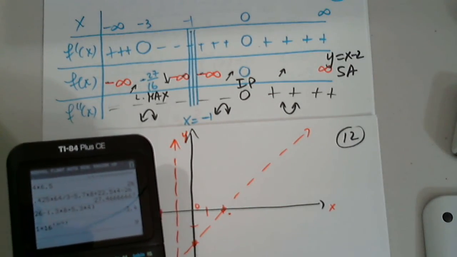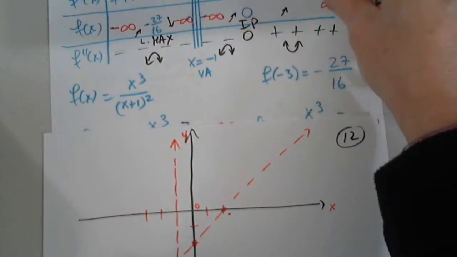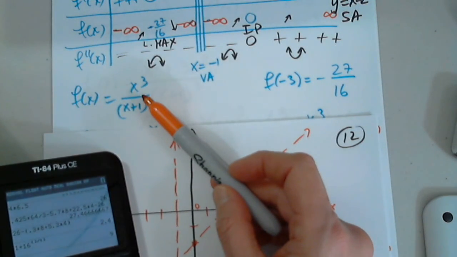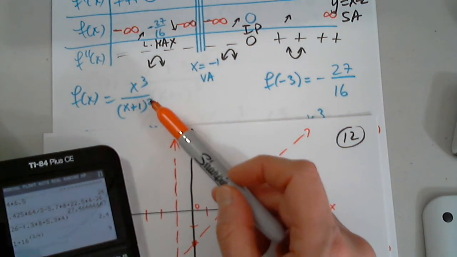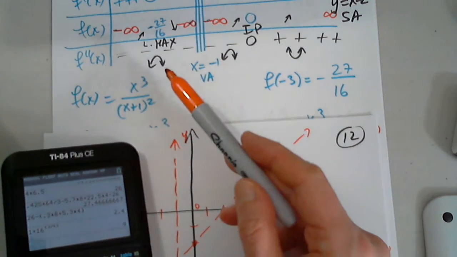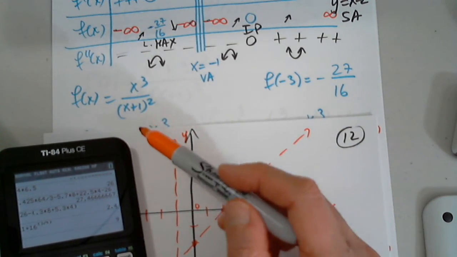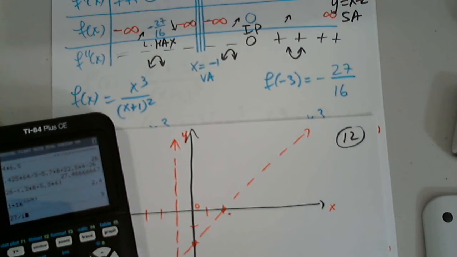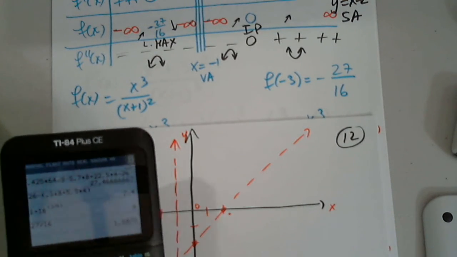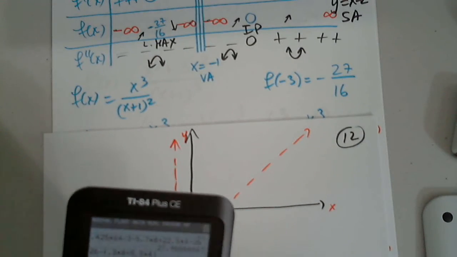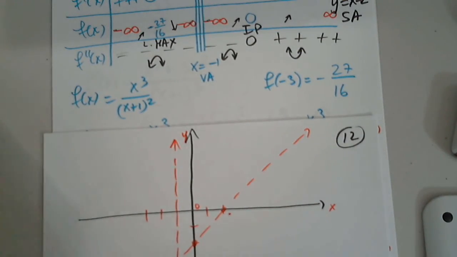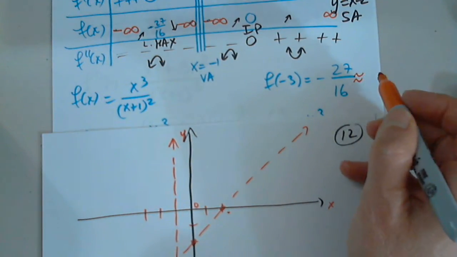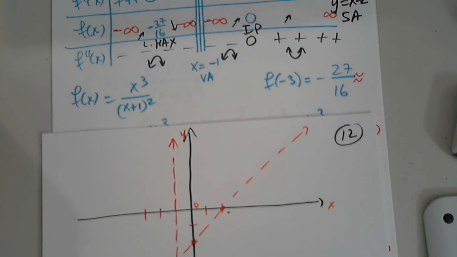So our function, where's my function? So negative 3 to the third, yes, that's correct. It's negative 27, yes. And 3 plus 1 is 4, yes. So 27 divided by 16, 1.675. So that's approximately negative 1.7.